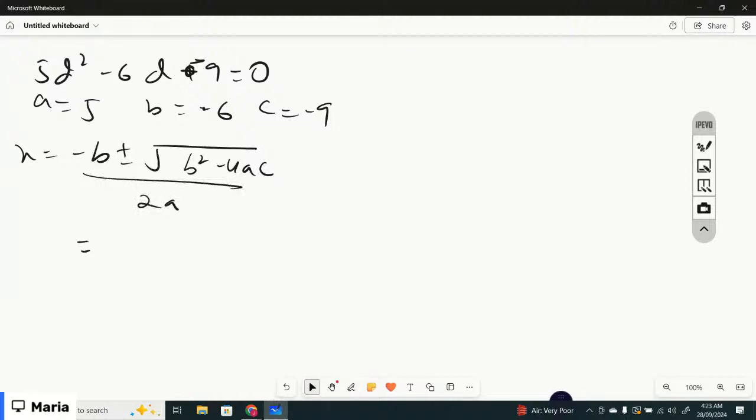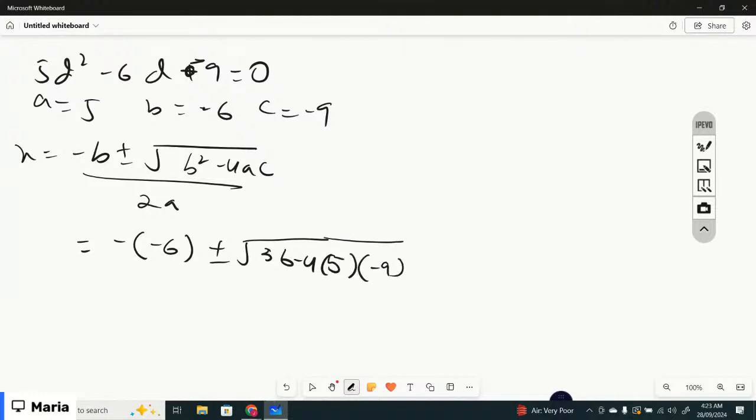So that is negative negative 6 plus minus square root of b square, which is 36, minus 4 times a, which is 5, times c, which is negative 9, divided by 2 times 5, right?